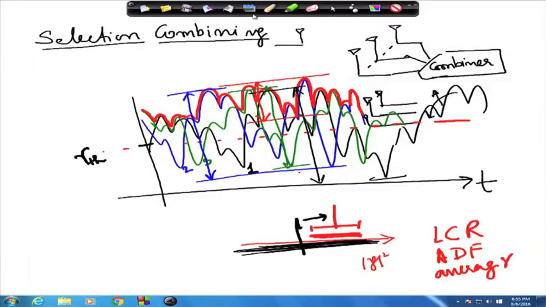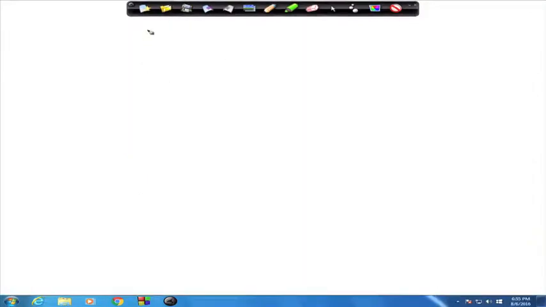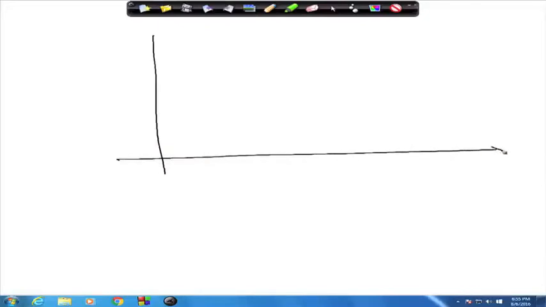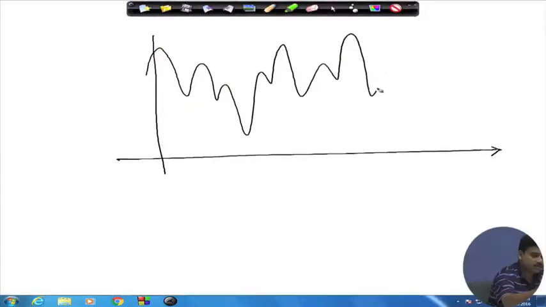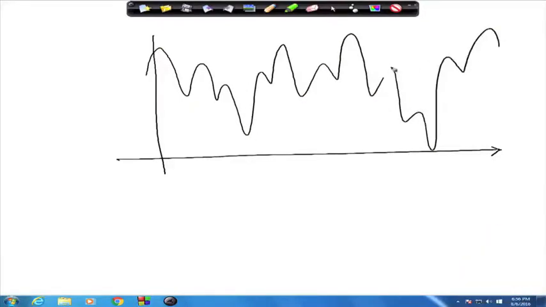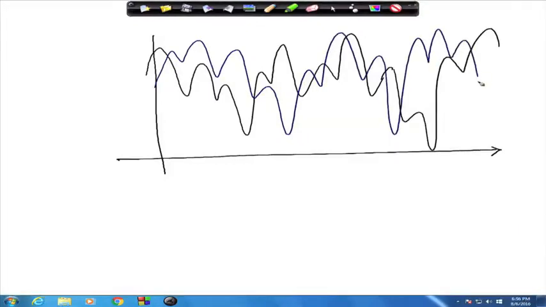If we take a look at this, or we can draw a new figure. Suppose we have one of the branches, and let this be the signal to noise ratio of one of the branches, and the second branch would have a signal to noise ratio which is like this.